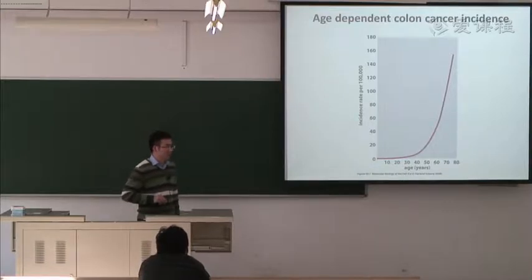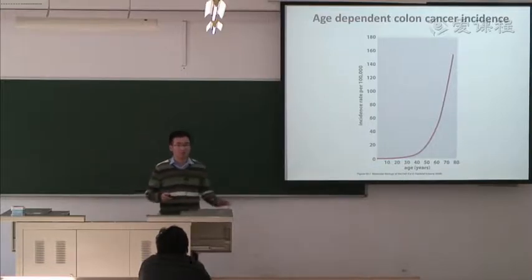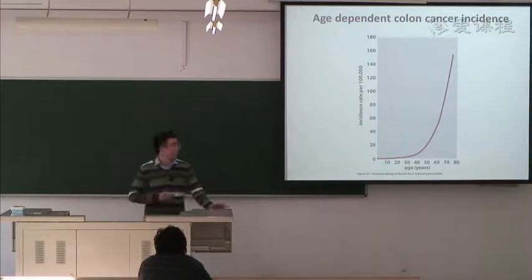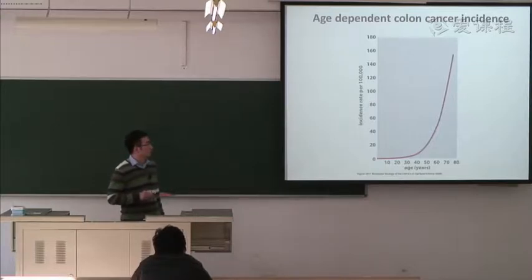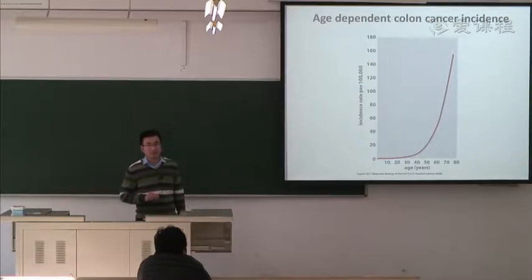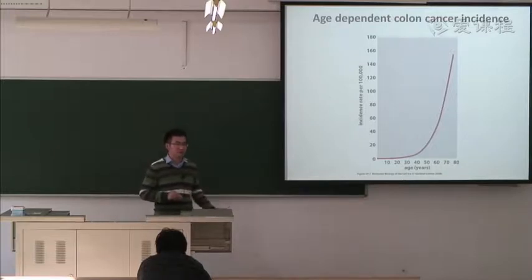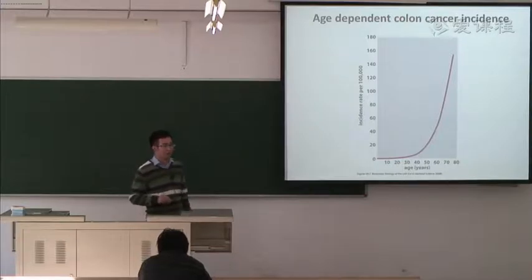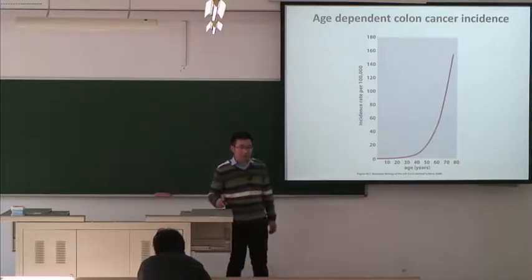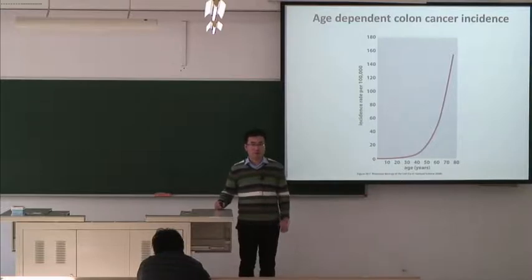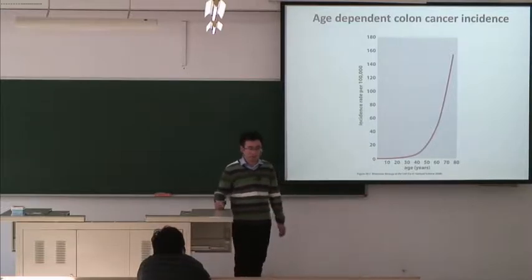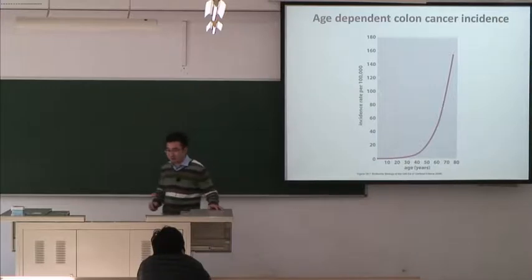It also suggests that it requires accumulation of several mutations in these cancer genes to acquire cancer. The trend for other major types of cancer is essentially the same. For all the major types of cancer, the incidence increases with increasing age. You can imagine that if one can live long enough, in the end you will definitely get cancer.